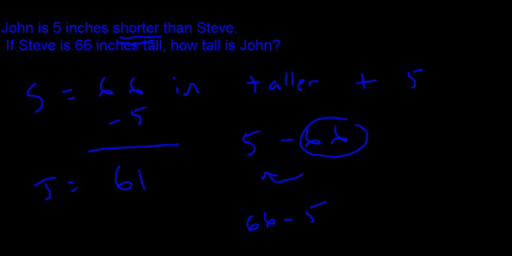Okay, so let me clear off real quick. Let's see, some translations here, some keywords that we want to look at in word problems that give us equivalencies in math. Is an equal sign. So if we say, the product of two numbers is 45, then we have something equals 45.